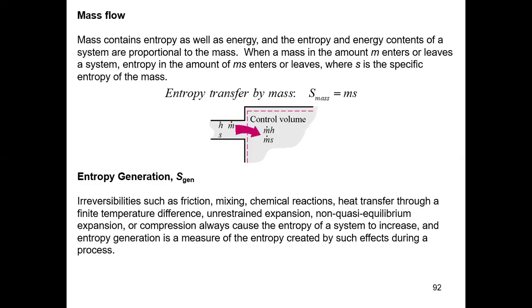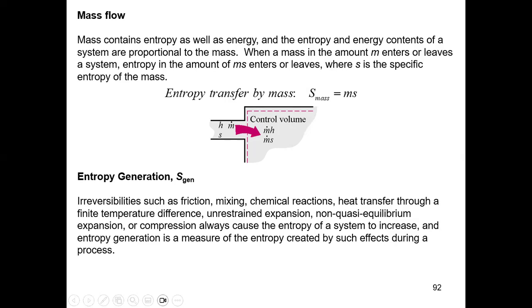Okay. Mass contains entropy as well as energy, and entropy and energy contents of a system are proportional to the mass. When a mass in the amount m enters or leaves a system, entropy in the amount of ms enters or leaves, where s is the specific entropy of the mass. So entropy transfer by mass, S mass, is m times s.